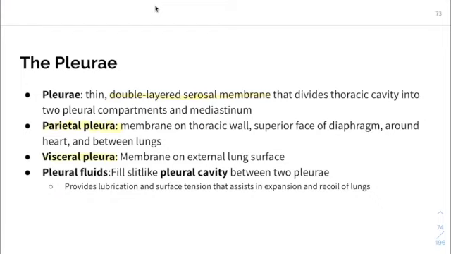Just like any other parietal layer or pleura, there's that thin cavity between that has pleural fluid. It helps lubricate the area so your lungs can move. It keeps the surface tension, and it allows your lungs to expand and recoil. As you breathe in, it allows your lungs to expand out. When you breathe out, it allows your lungs to recoil back down.